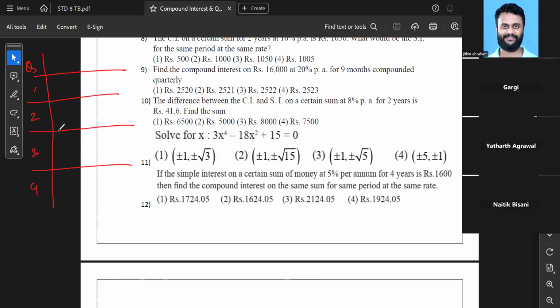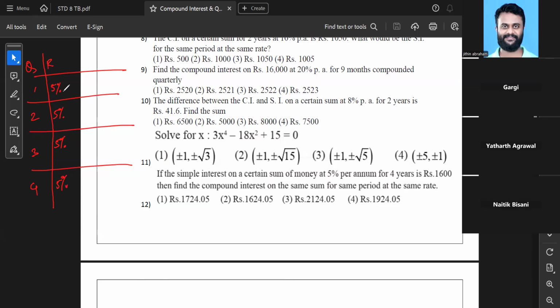Now the rate of interest for the whole year is 20%, which means every quarter it will be only 5%, 5%, 5%, and 5%.